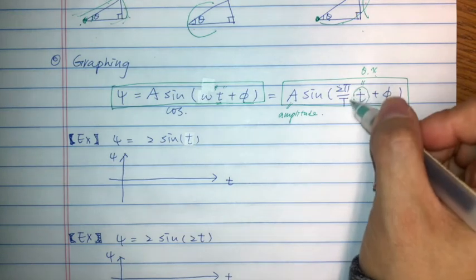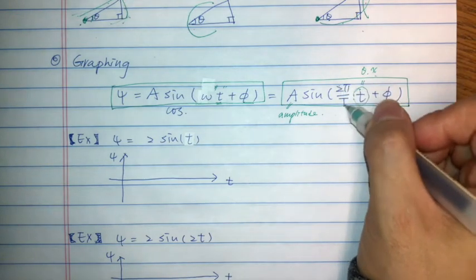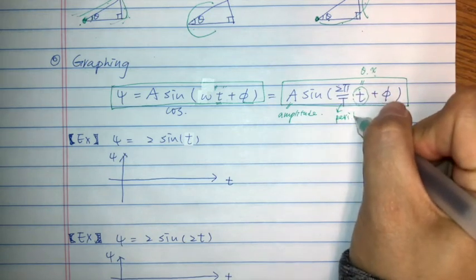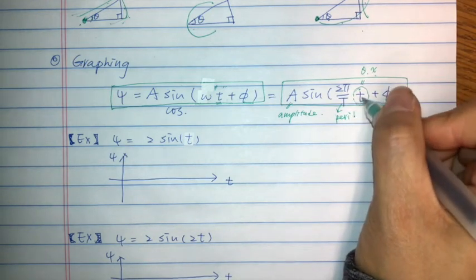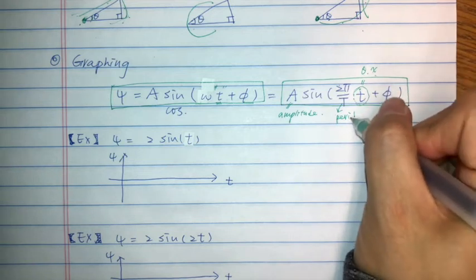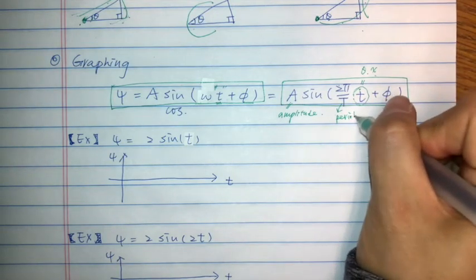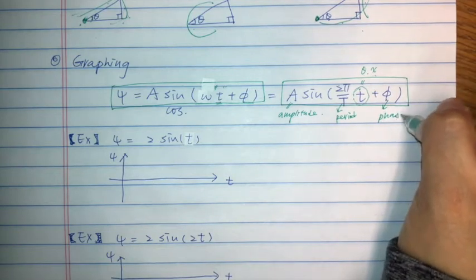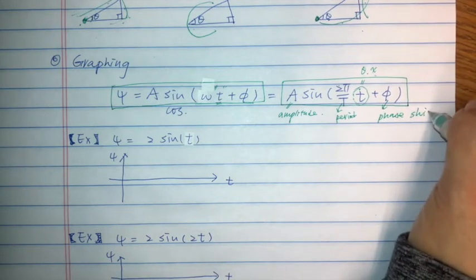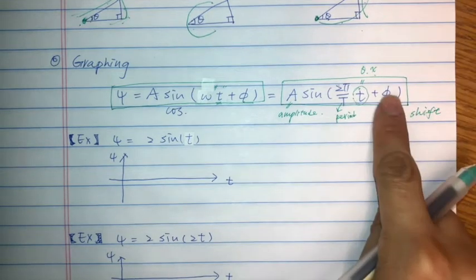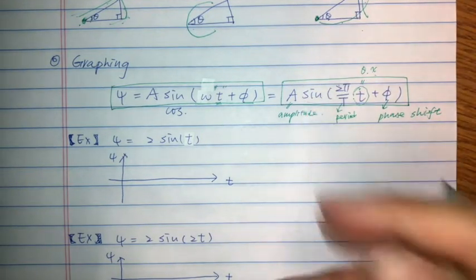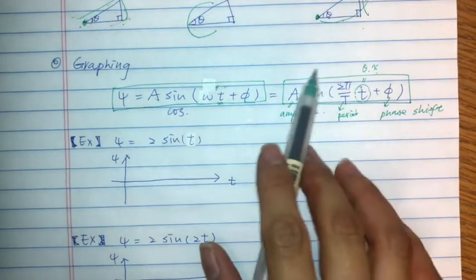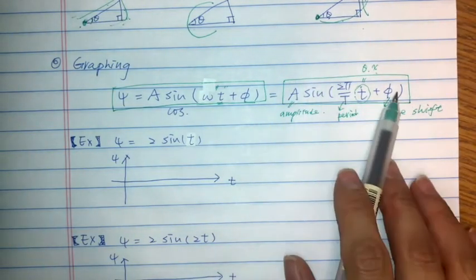In front of that, you will have 2 pi over T, where T is the period. That tells you how fast a trig function goes back to its cycle. And this is what we call a phase shift. Phi will shift where your trig function starts. All right, so this is what you probably have learned in math.